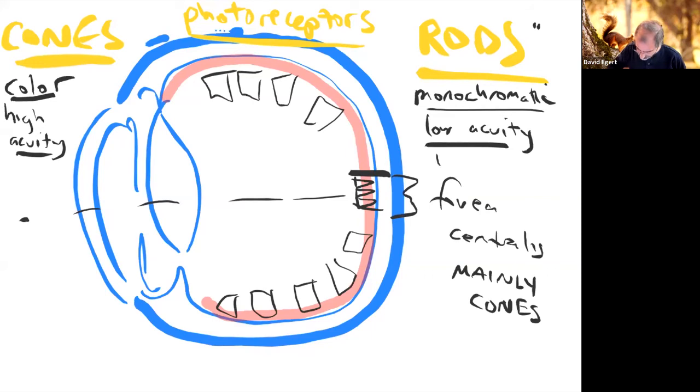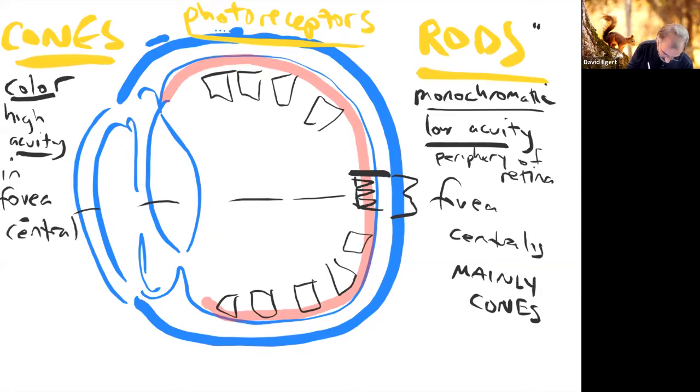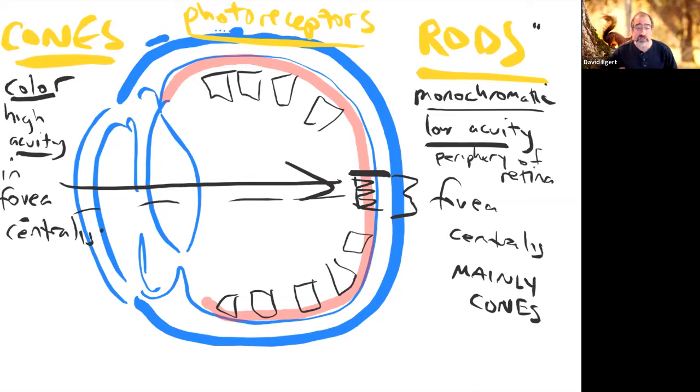So the rods, periphery of retina. Cones are in the Fovea Centralis. So when you look straight at something, that sharp, clear image you see of it is landing on the cones of the Fovea Centralis.